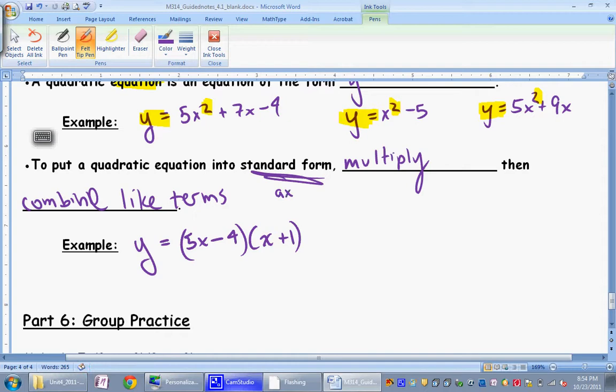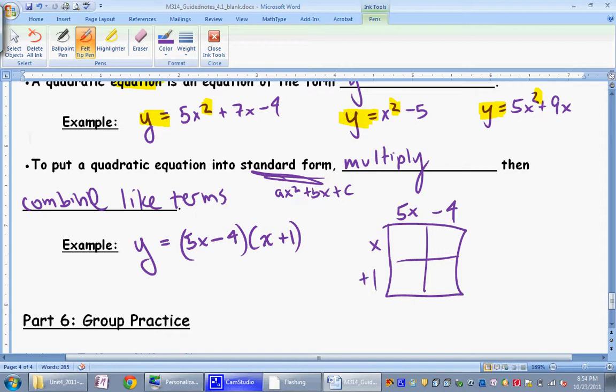So make a box, put 5x minus 4 and x plus 1 as the sides of your box, and then multiply into it. So 5x squared minus 4x plus 5x minus 4, combine like terms down the diagonal. And your answer is going to be y equals, let's see what we get.